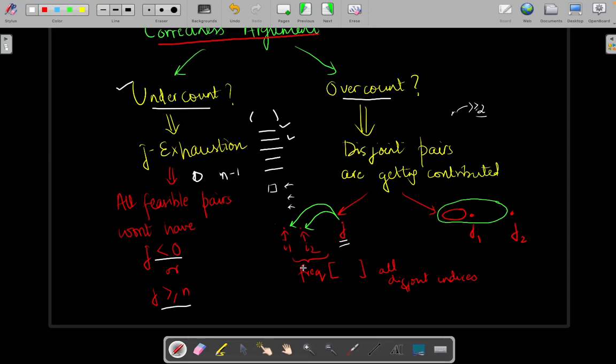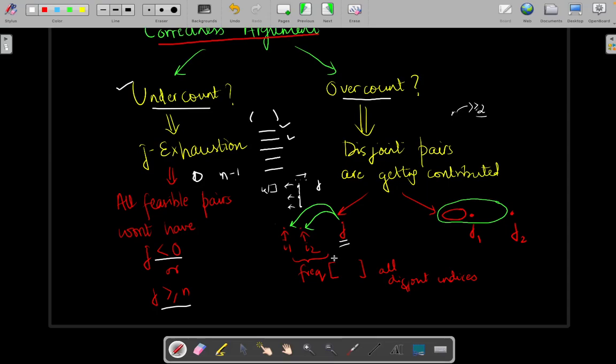The j is fixed, and all these feasible indices i are also disjoint. In fact, if you take a particular key as well, that is also disjoint because it was incremented by one at different indices. Okay, that is one.